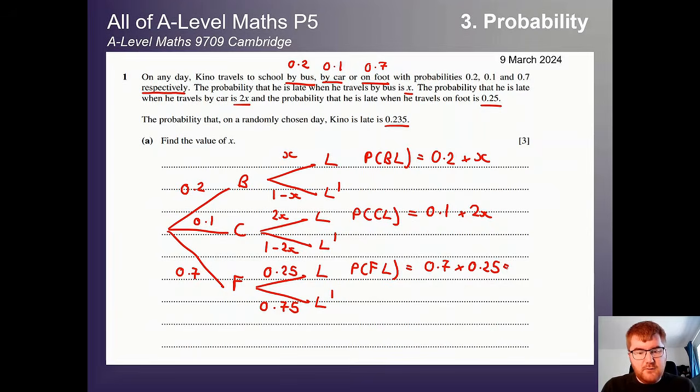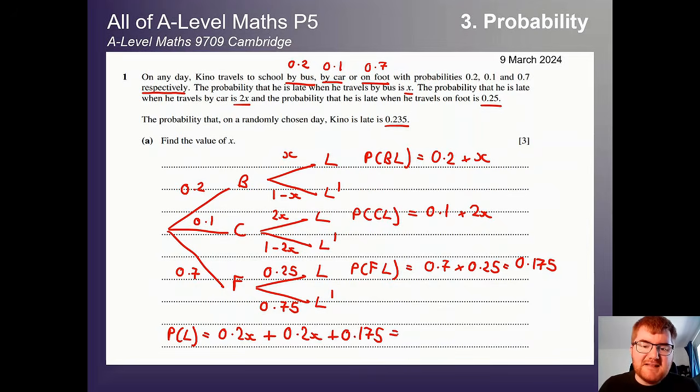That's going to be equal to 0.175. And this means these are the 3 combinations we need to work out late. So the probability of late is going to equal the first combination, 0.2x, plus 0.1 times 2x, that's also 0.2x, plus 0.175. That has to equal the probability given in the question, 0.235. Now we just have to solve that equation.